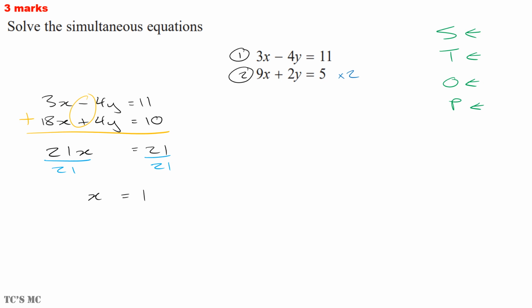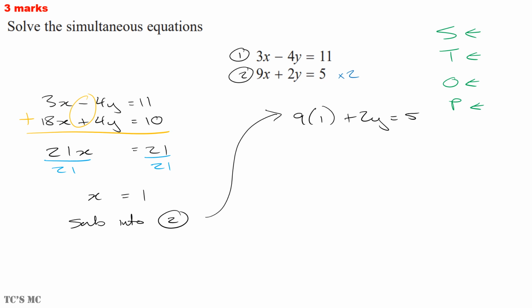Now we need to work out what y is equal to. I am going to sub into equation 2. I now have 9 lots of 1, add 2y is equal to 5. So I have 9 add 2y equals 5. Again, I'm going to use the flowchart method.